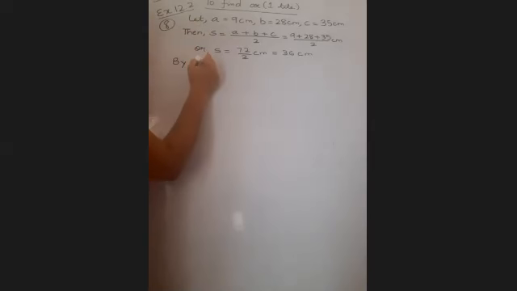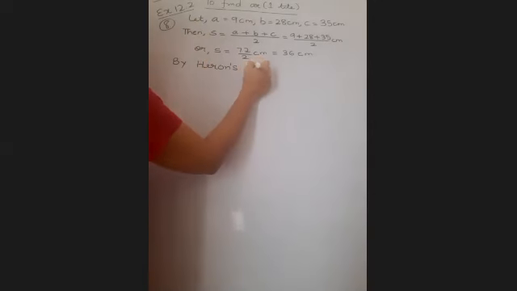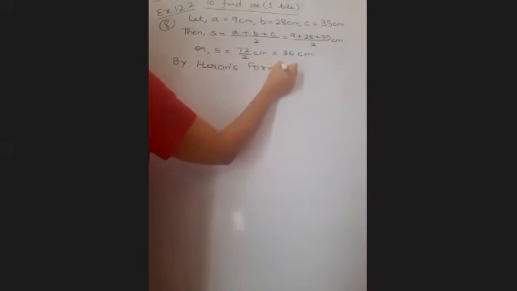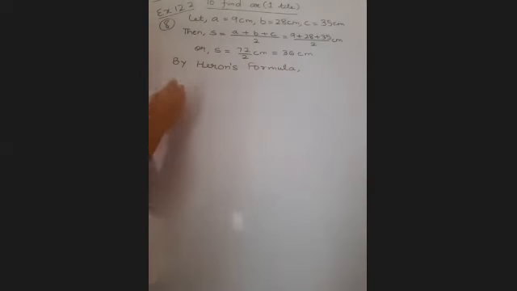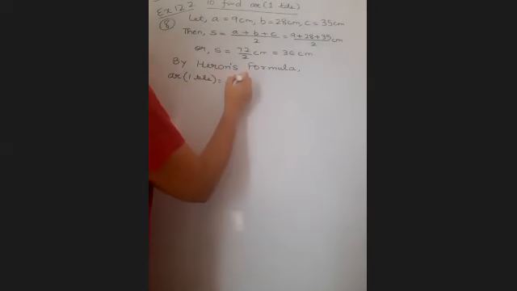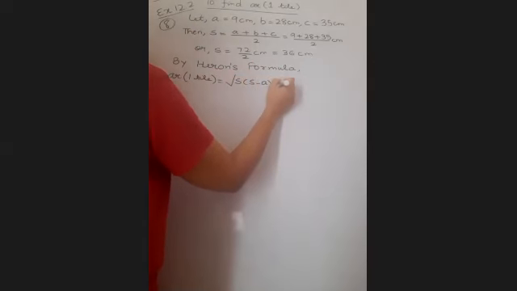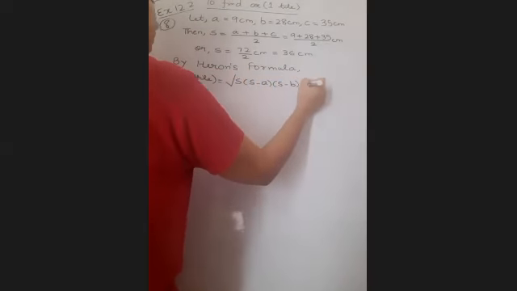Now by Heron's formula, area of one tile, you remember the formula? Under root s into s minus a into s minus b into s minus c.